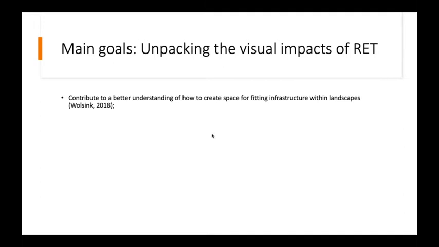And in so doing, we aim, on one hand, following up on Martin Volsing's proposal, to contribute to a better understanding of how to create space for fitting infrastructure within landscapes.